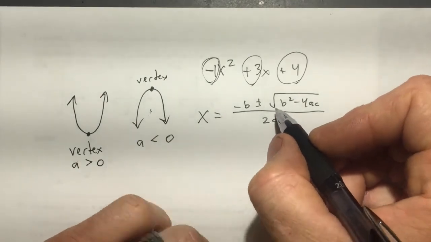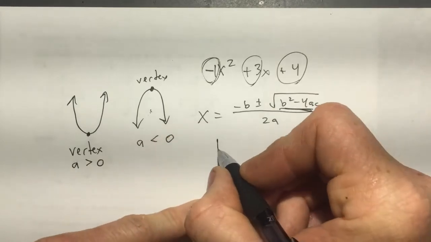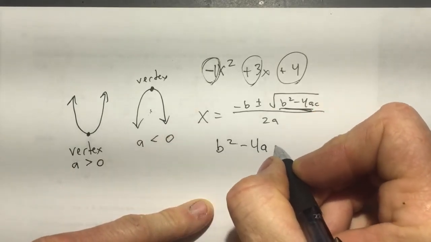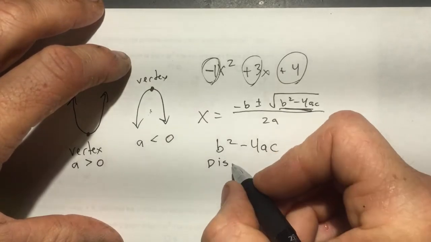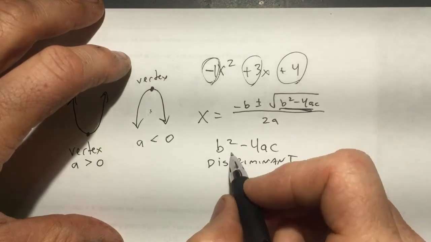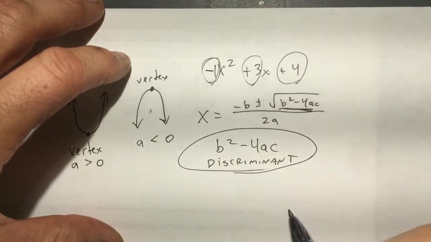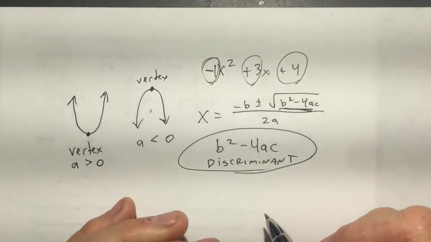Okay, now, I don't think we really talked about this, but this b squared minus 4ac is called the discriminant. This tells you about your solutions.